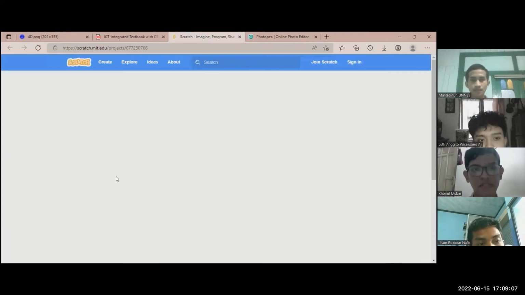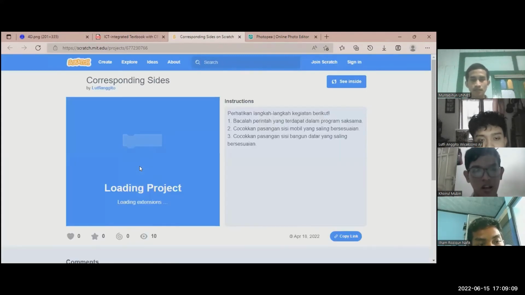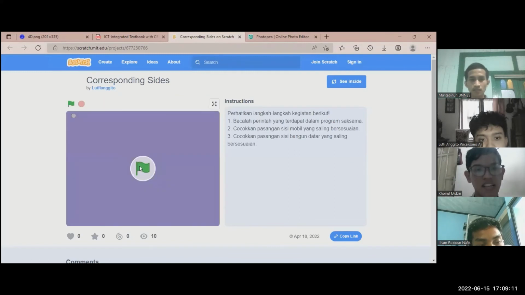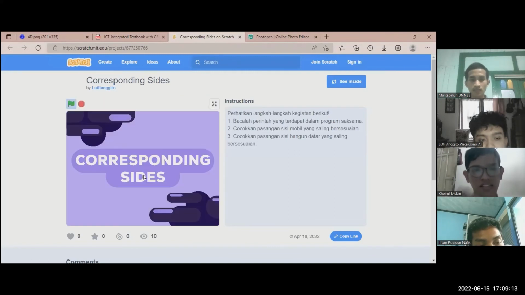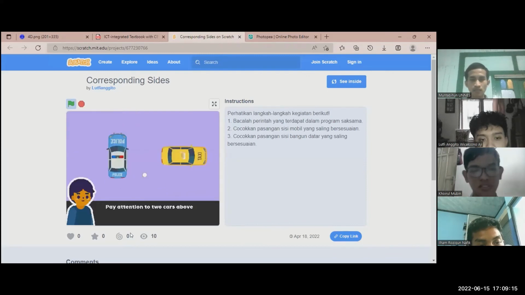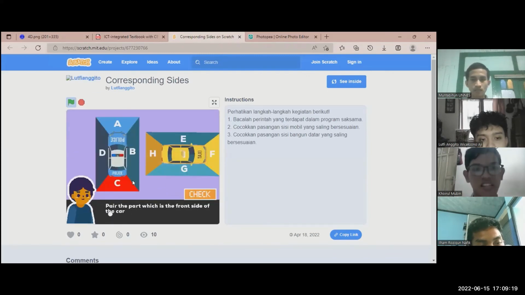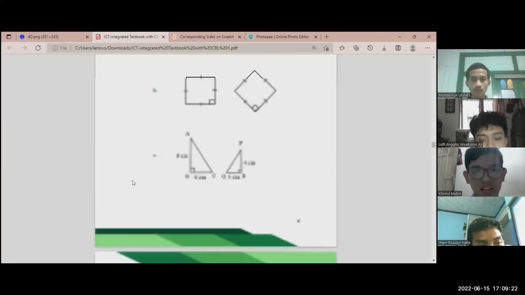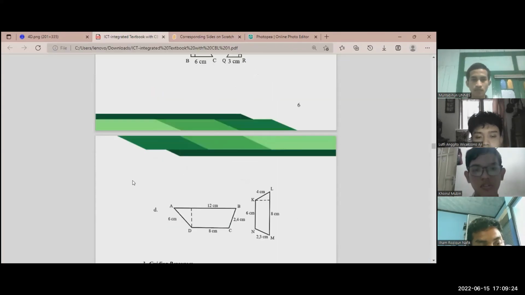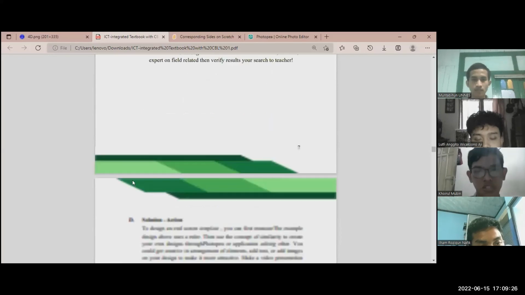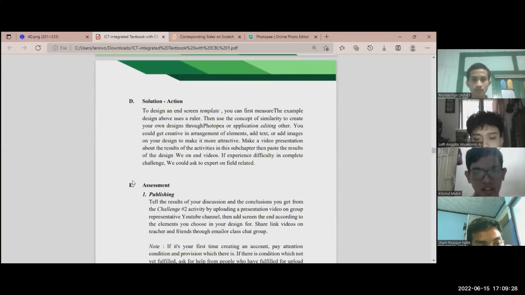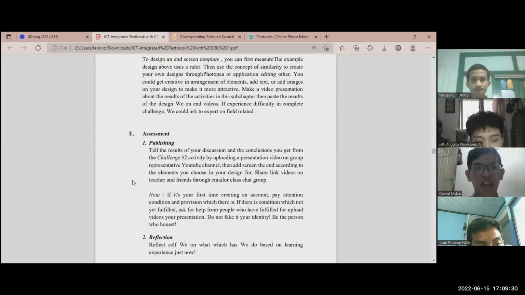For example, students click the green flag, and it is about a corresponding side. And then there are some instructions. After that, students should discuss in order to find solutions and take some actions, and also the assessment, similar to the syntax.